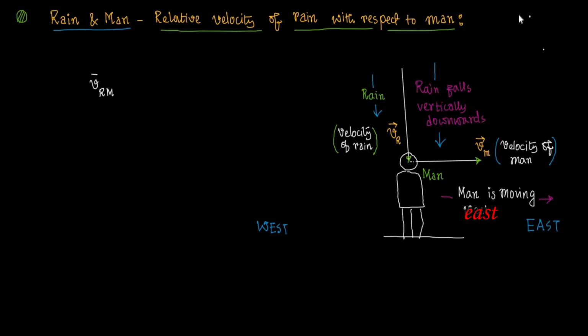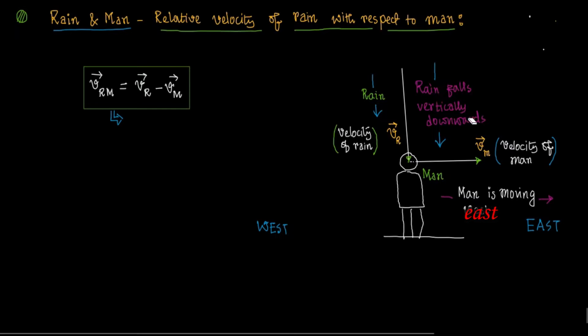Now the relative velocity of rain with respect to the man, vector vrm, is equal to vector vr minus vector vm. That is, vector vrm is the vector difference between vector vr and vector vm.